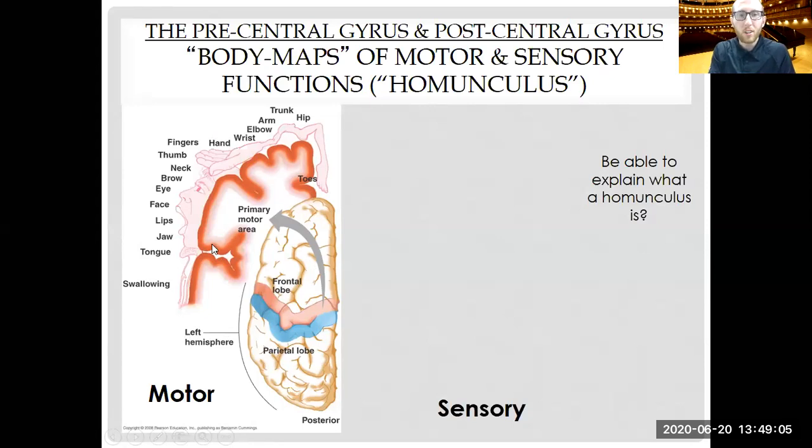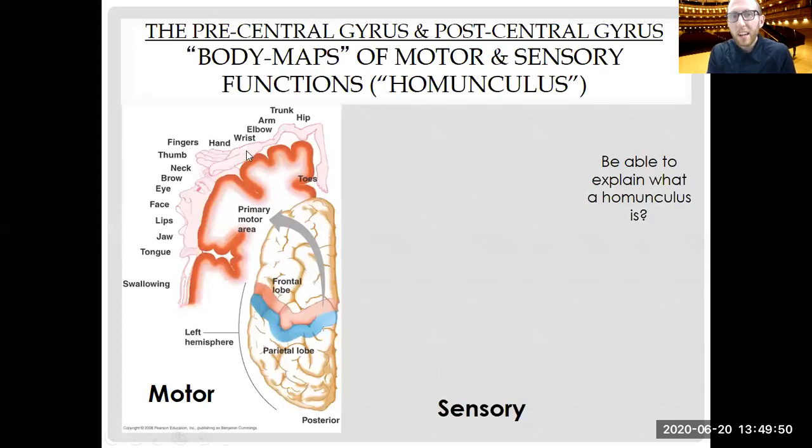And what this is showing is the pre-central gyrus, the voluntary motor part of the frontal lobe, and it's showing what's called a homunculus. Homunculus is pretty much a body map, and what it says is, depending on the amount or area of the brain that has this area to it, that's how much area of that part of the body it gets.